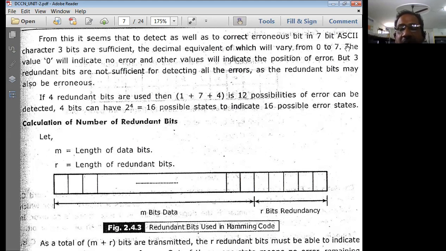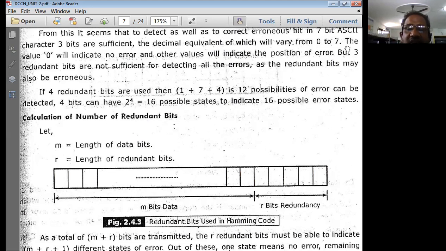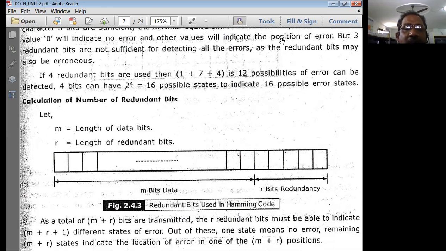Say, for example, if you transmit m data bits, let us suppose we are using r extra bits as redundancy.